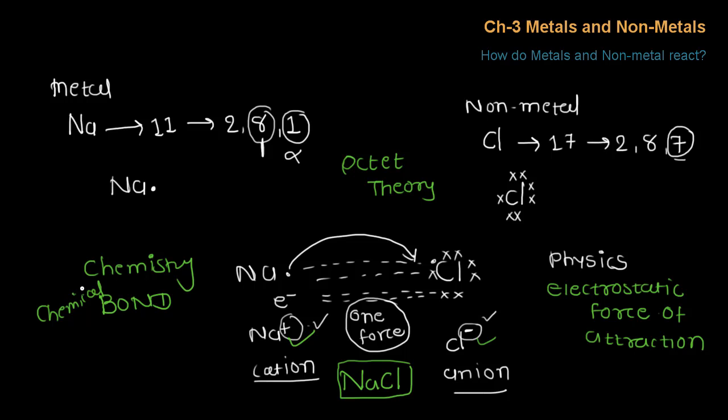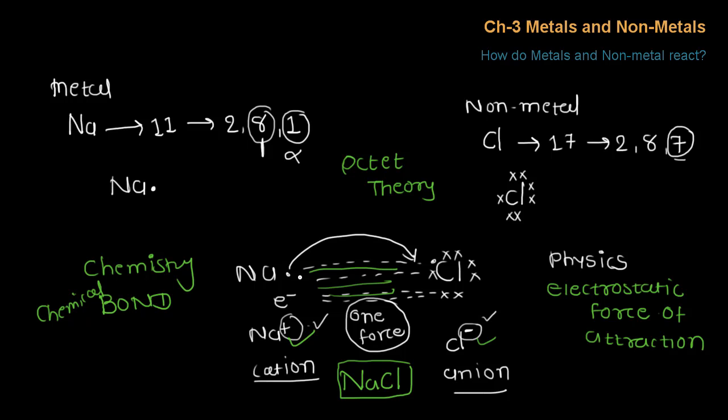Now, what is a chemical bond? A chemical bond is a force between two ions, two molecules, two atoms, two radicals, anything you can say. So this is a bond, and in this way, metal and non-metal react.